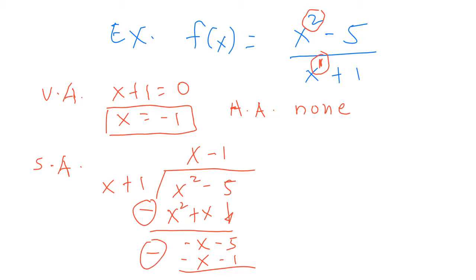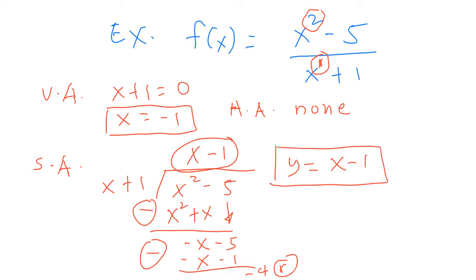Subtracting this would be a 0, and negative 5 minus negative 1 would be a negative 4. This is our remainder, but we don't care about the remainder. We only care about the top, so we have here the quotient. So we set y equal to x minus 1, and that would be our slanted asymptote.